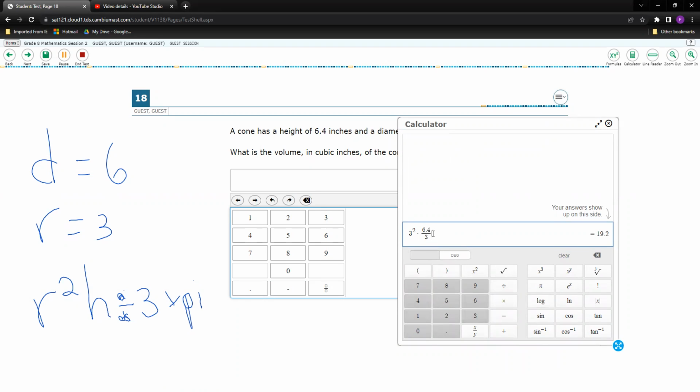Make sure we come out to the front right here with the cursor, times pi. 3.14 is what we use. And this gives me the answer right there, 60.29. That's what I'm going to write on this box.